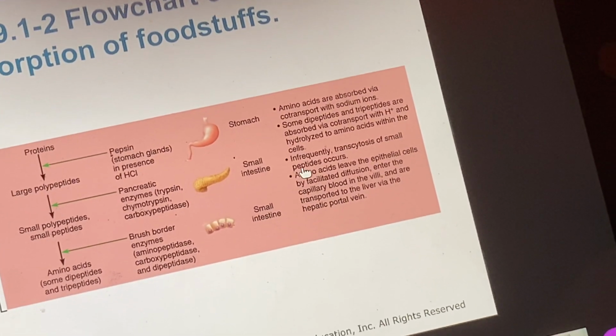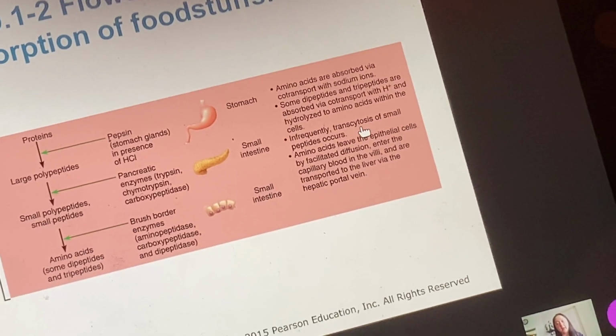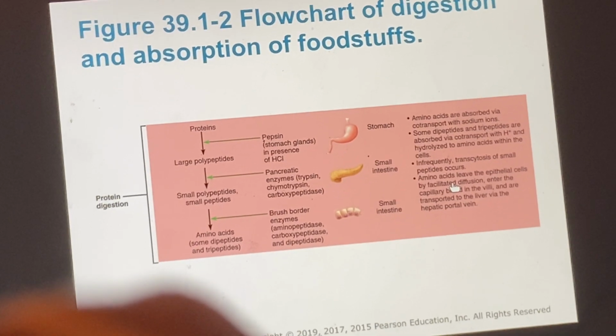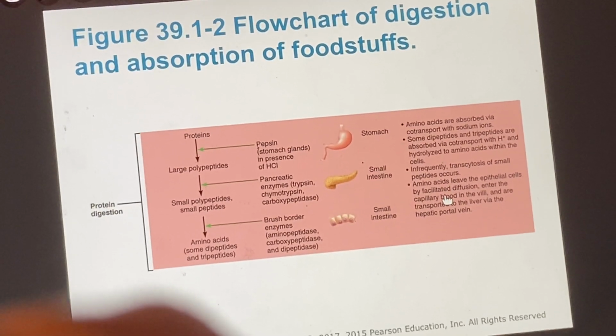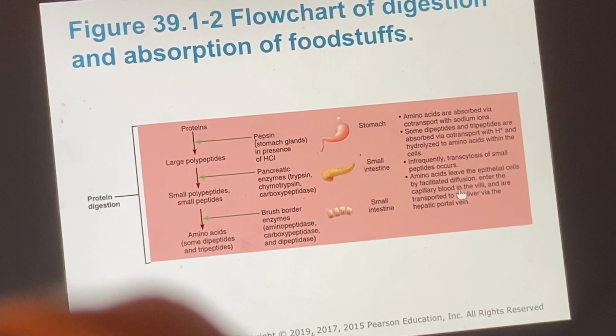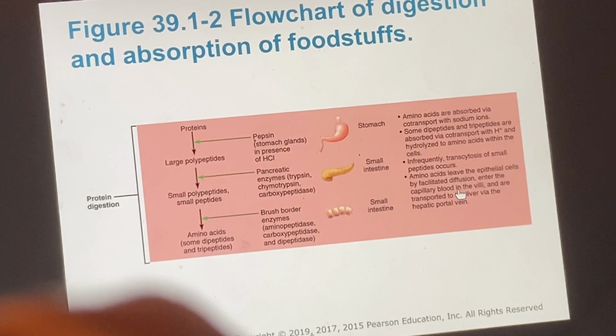Now in the small intestines, infrequently transcytosis of small peptides occurs. The amino acids will leave the epithelial cells. Where will they go? They will be diffused through facilitated diffusion, enter the capillary in the villi, and all be transported to the hepatic portal vein.